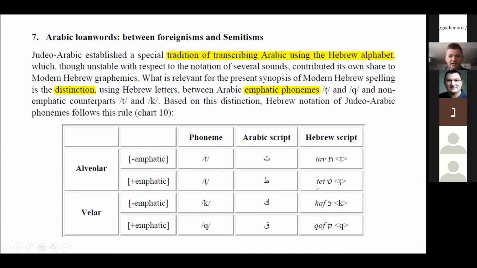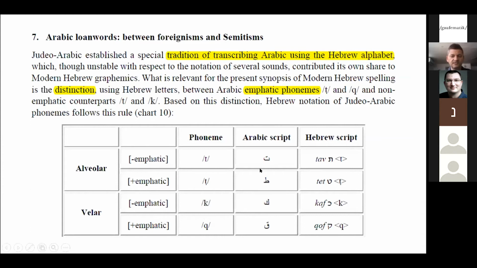Which means that whereas for foreignisms there is only one T grapheme, for Arabisms we can have either one, as for Hebrew, which in Arabic correspond to either non-emphatic or emphatic sounds. In Hebrew, neither is emphatic. The distinction in Hebrew is only graphemic and semantic, whereas in Arabic, it's also phonemic.